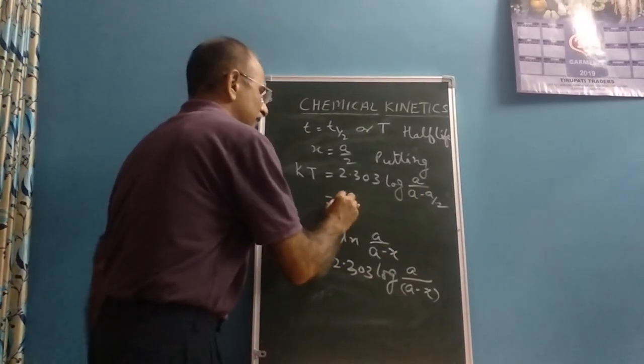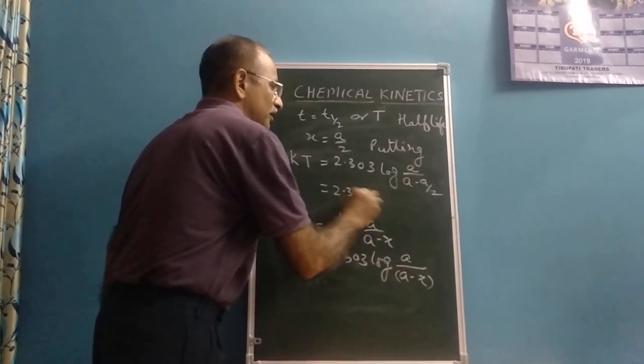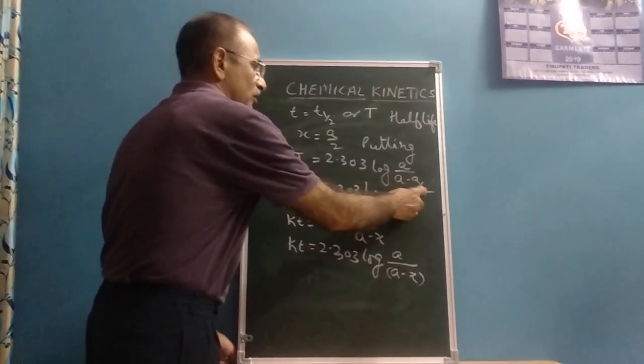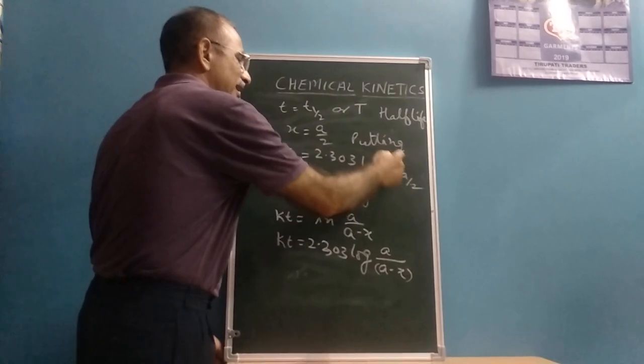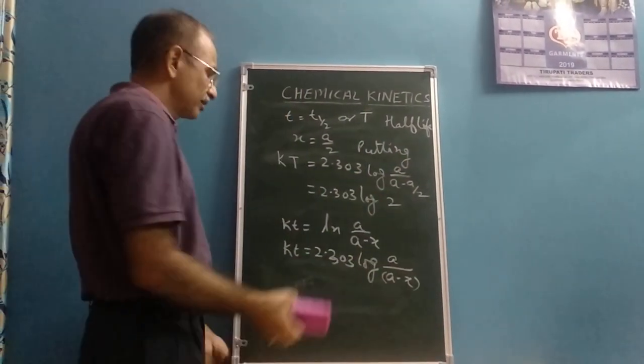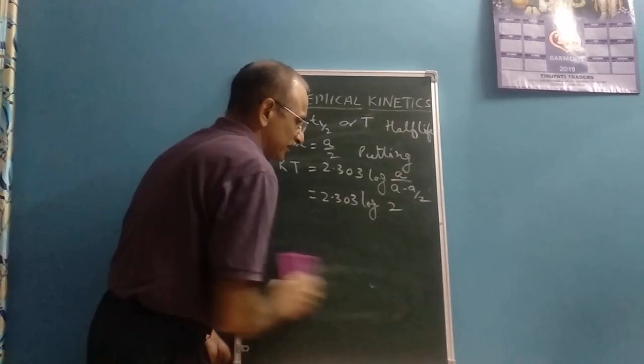We get 2.303 log of 2a by 2a minus a. A will cancel out, and this 2 will be in the numerator.